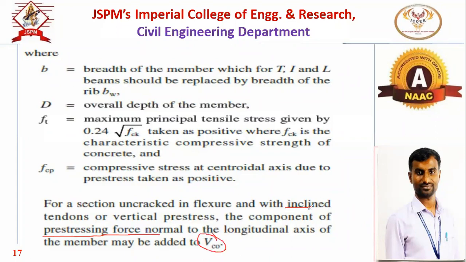If the tendons are inclined, then using that formula we have to add the component of the pre-stressing force which is inclined, means the horizontal component, to this V. Okay, that is the significance. So this is for the uncracked section.